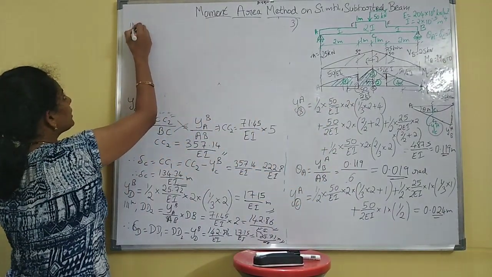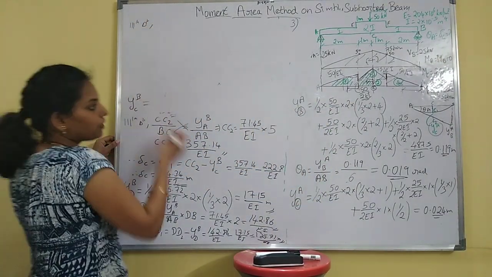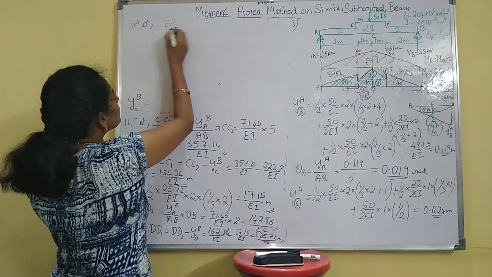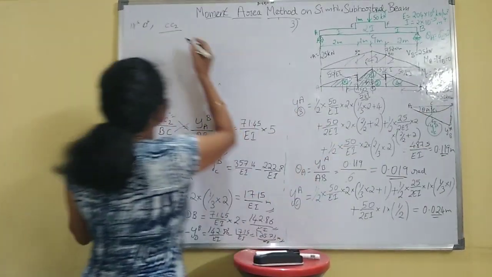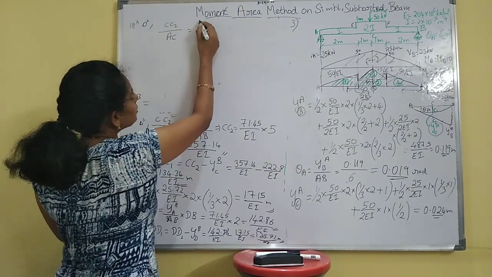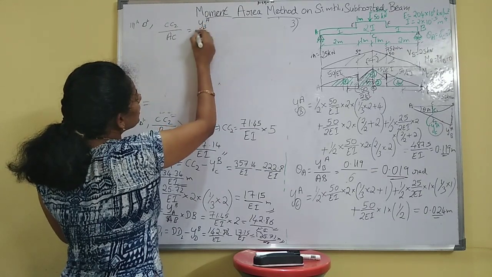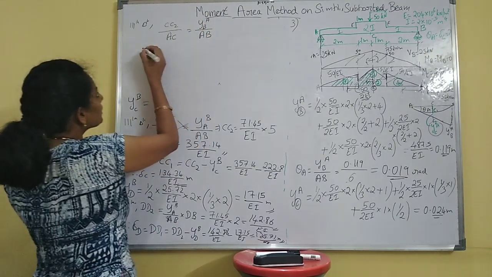Again, you have a similar triangle, so CC2 divided by AC equals YBA divided by AB.